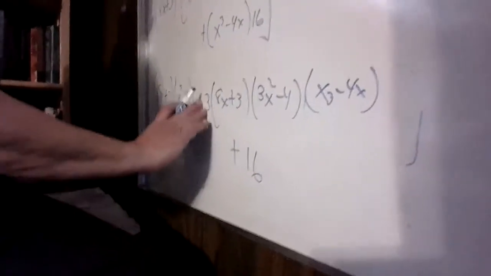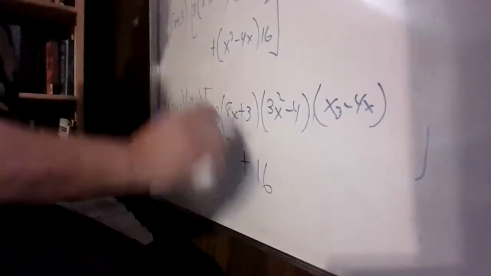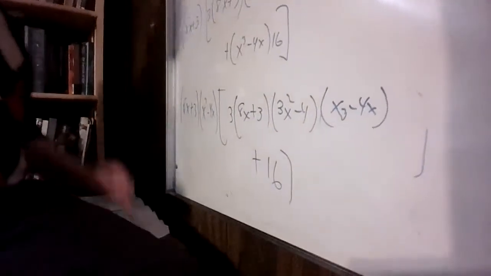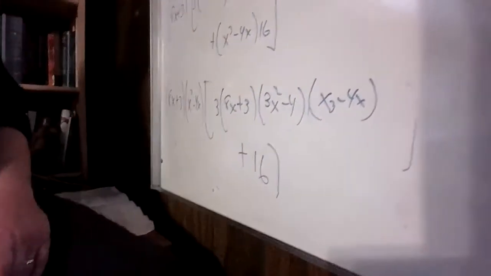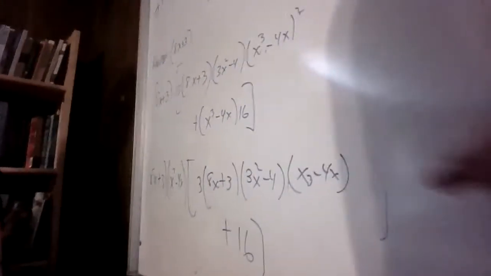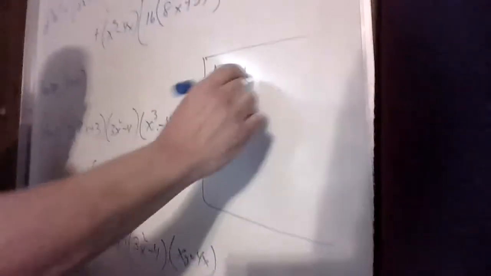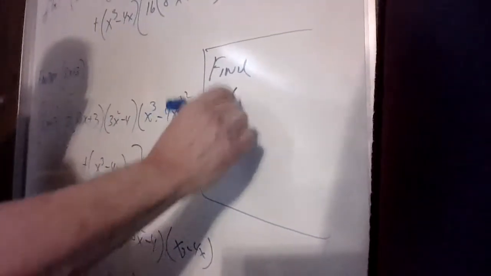And actually, the factoring out doesn't help you too much in this case, because the next case would be find f prime at x equal 10.